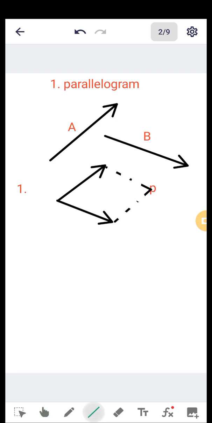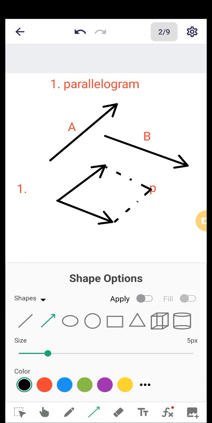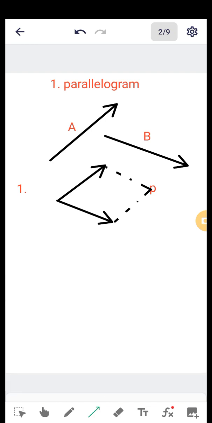So that will be our resultant. Now you have done that and everything becomes simple.